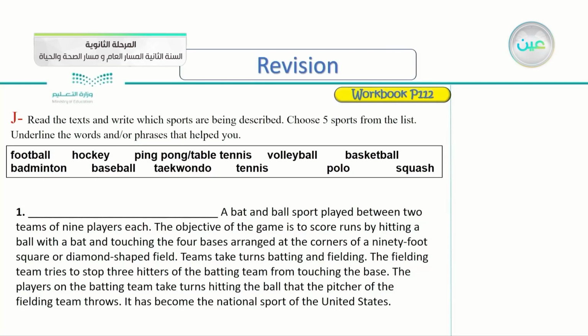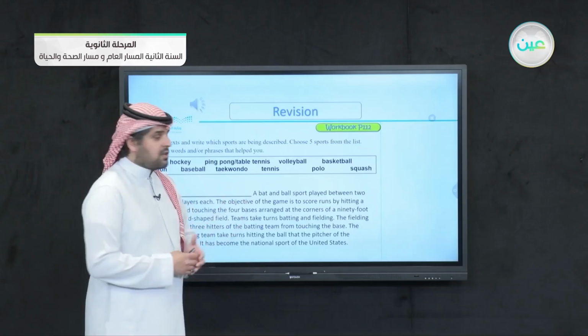So we have a list here: football, hockey, ping pong or table tennis, volleyball, basketball, badminton, baseball, taekwondo, tennis, polo, and squash. Only 5 of these are correct, as mentioned in the question.